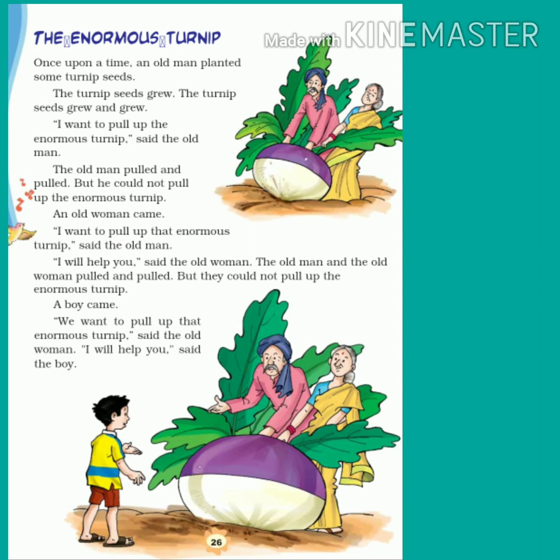On seeing both of them working very hard, suddenly a boy came there. The old woman and the old man asked the boy to help them. The boy agreed to this. He also started pulling the enormous turnip with them.